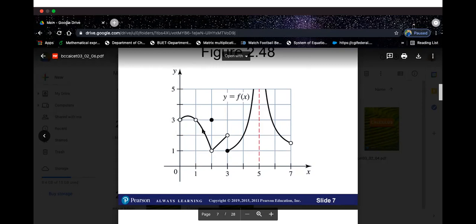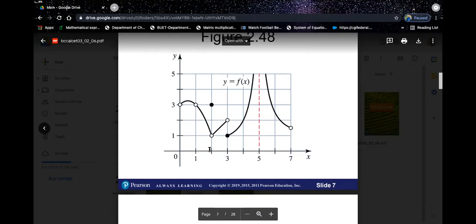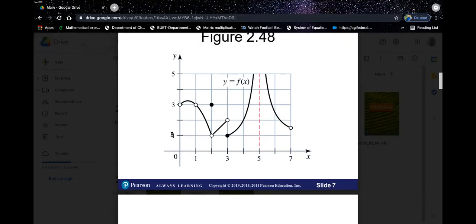Because the function is coming in this direction, and I can see it's heading towards this 1. So the left-sided limit is indeed 1. What happens to the right-sided limit? We are approaching from the right towards x equals 2, and the function is coming this way, right? Do you agree? Then I can say the right-sided limit is also 1. Do you agree with me?